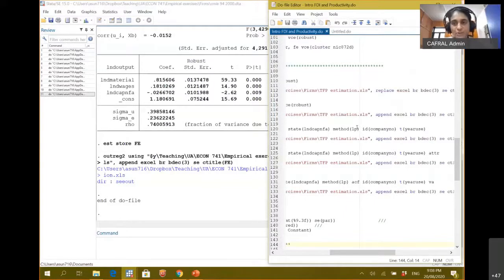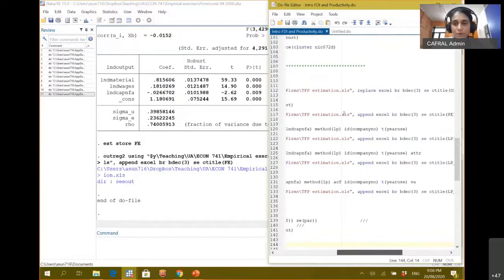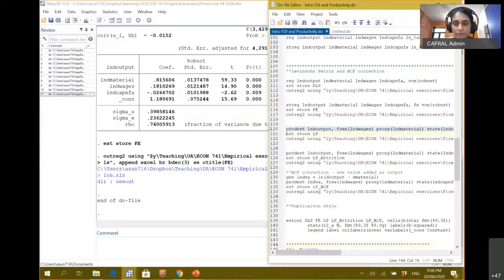I suggest not doing that for India because sometimes a lot of the firms don't report investments. So LP is a better one to use. And then finally, because I also want to include firm fixed effects, I tell Stata that the ID, the company ID is the company number, and then T, the time variable is year. Okay. So once I do this, I'm going to run the productivity estimation and I will save it.